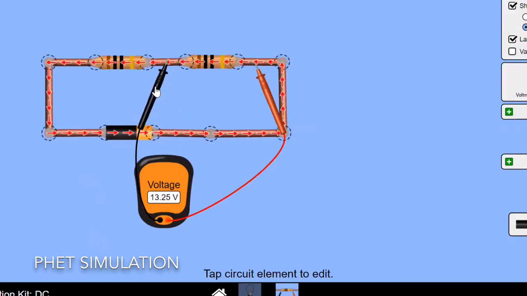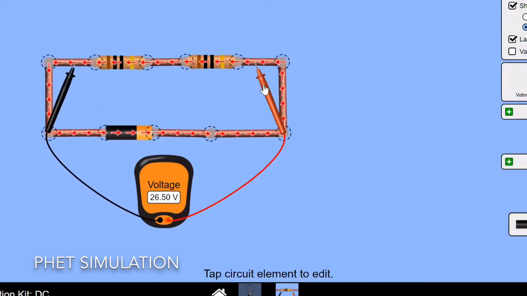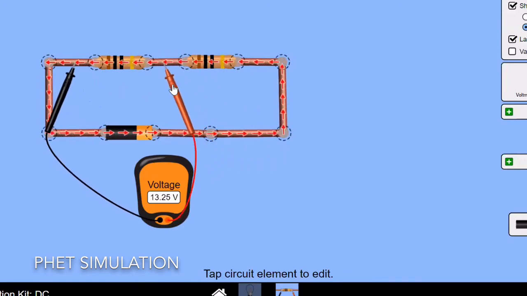And then for the second resistor, as we know, it should be 26.5 minus 13.25, that is our total voltage minus 13.25. So let's see if it's correct. And this one also is 13.25. It means total voltage is equal to the voltage drop of the first resistor plus the voltage drop of the second resistor.